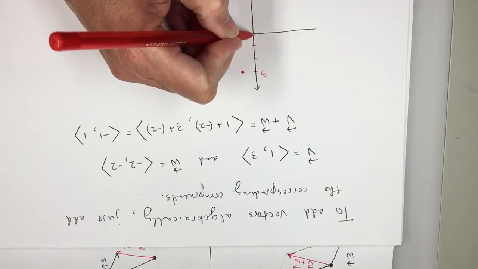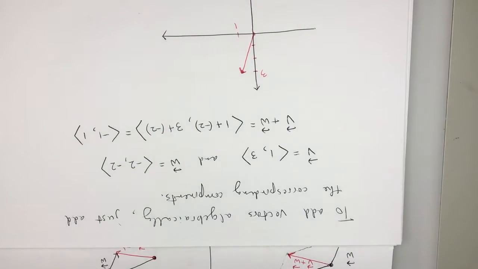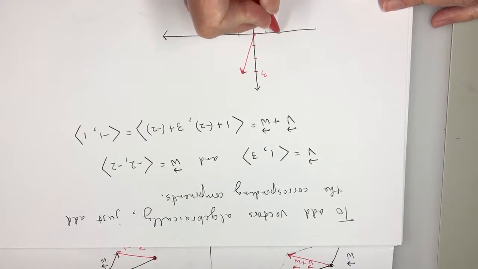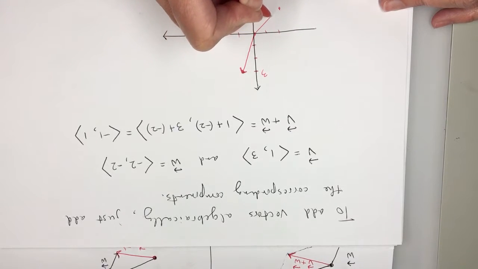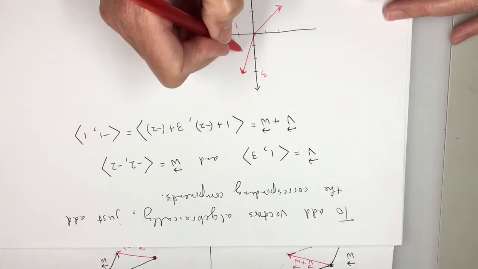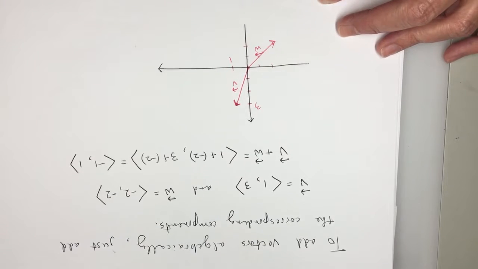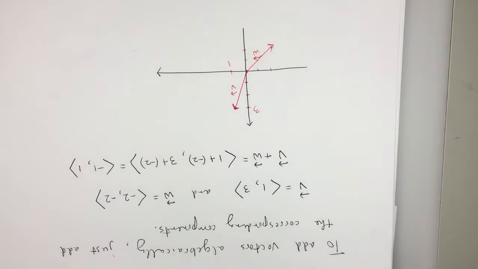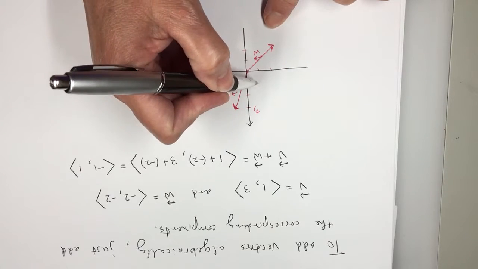Here's vector V. Vector W was -2, -2 for the terminal point. Here's the 2 vectors, V plus W. And what I found by adding the components, I found that the sum V plus W is -1, 1.